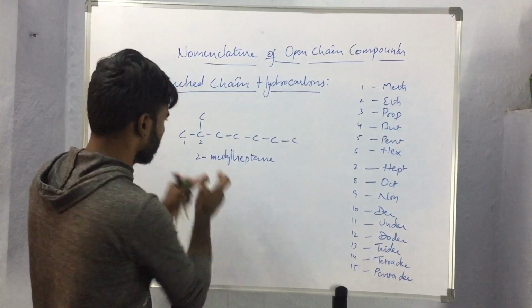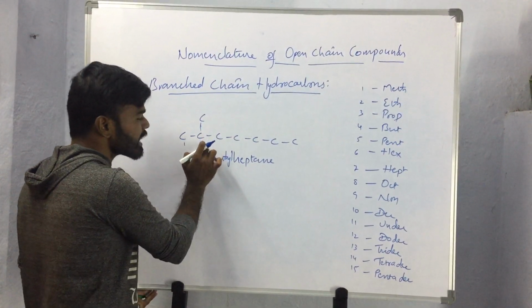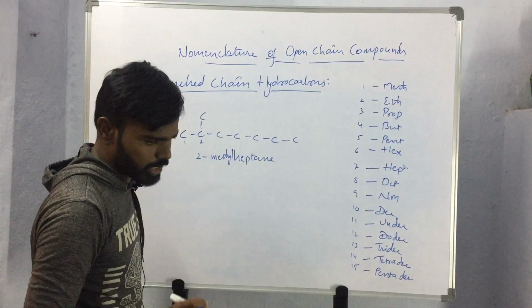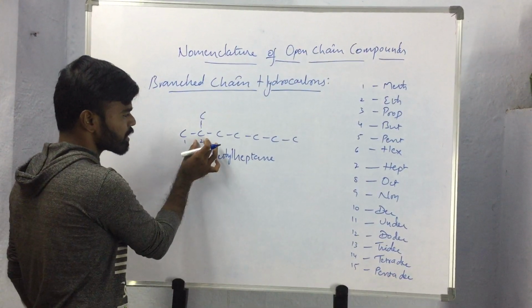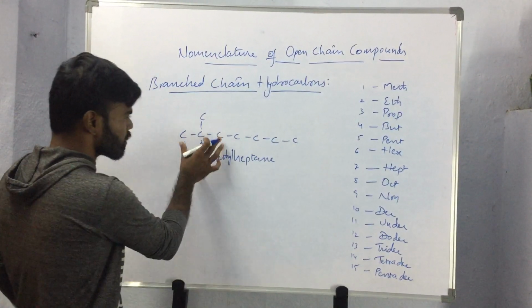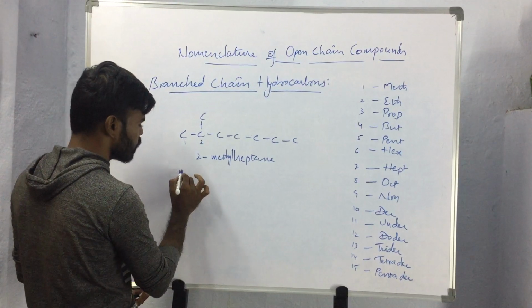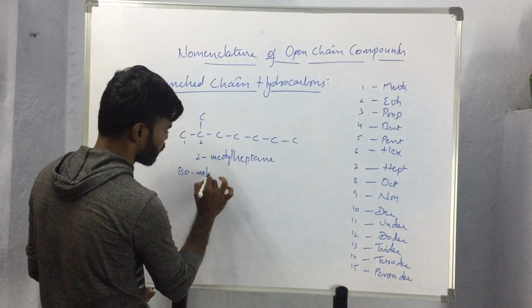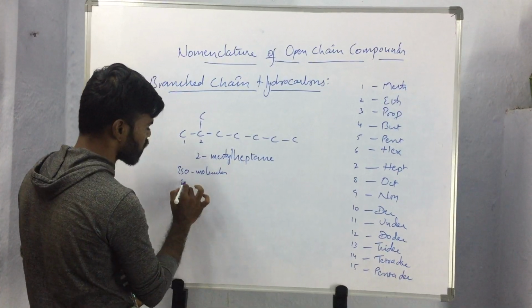nomenclature. So if the 2nd carbon atom is containing a one carbon substituent or methyl substituent, this kind of molecules can also be named as iso molecules, or we can say iso compounds.